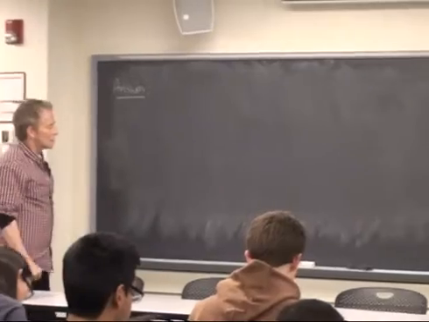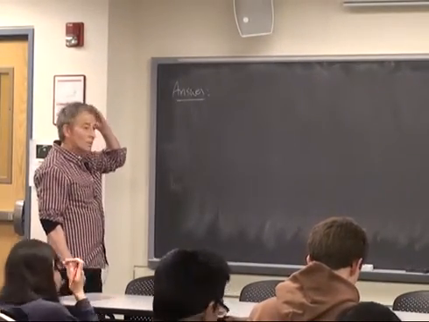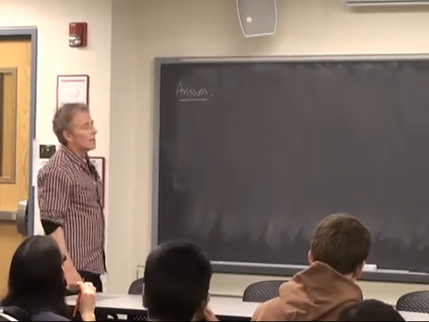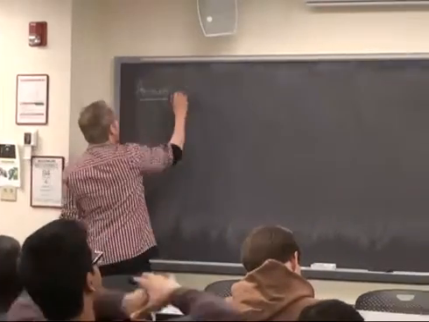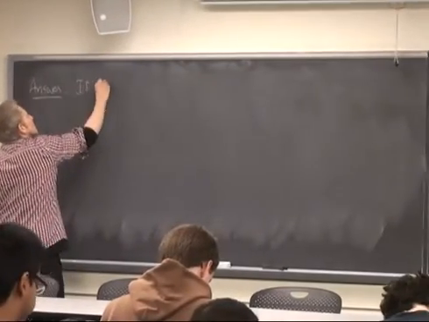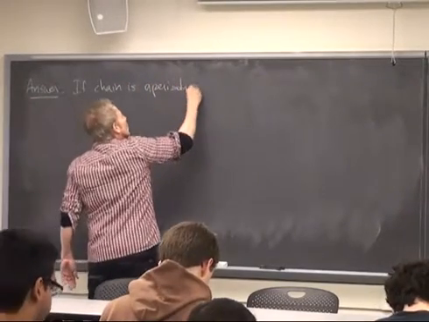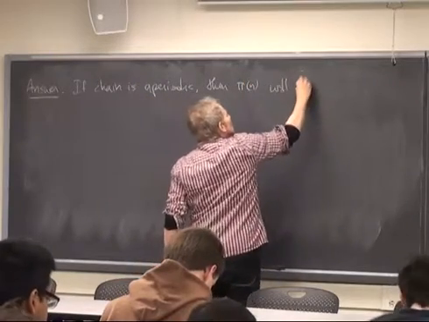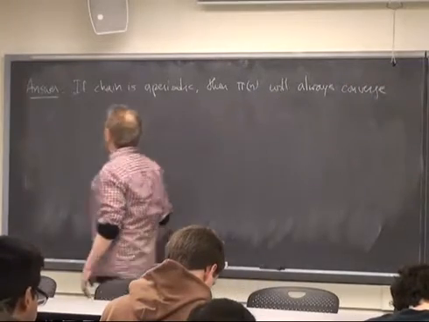The answer is that it turns out that pi of n will converge to a stationary distribution provided the Markov chain satisfies a condition called aperiodicity. And I'm not going to go into that. I'm just going to give you an example of why we need it. So if the chain is what is called aperiodic, then pi of n will always converge to a stationary distribution.